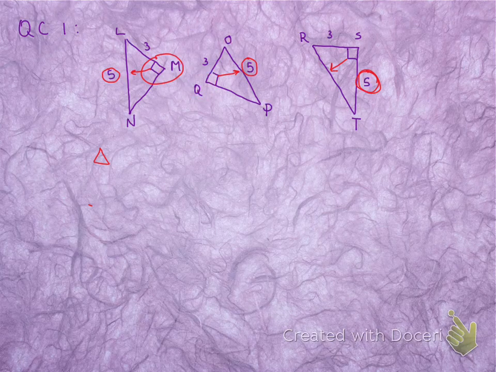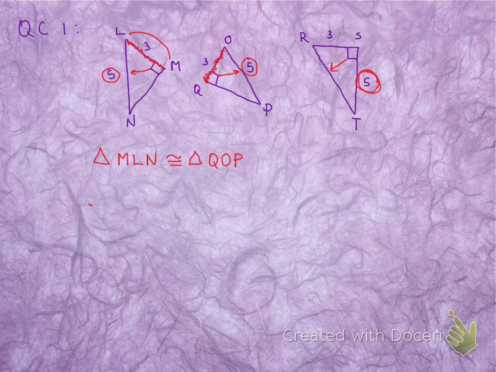So we'll start with the right angle. So triangle MLN. We started with the right angle, and then we went to L, which utilized in our statement the side that had a length of 3. We can use that same logic as we write the other triangle, starting with the right angle and going along the side measured 3, which would give us the vertex O and then P.